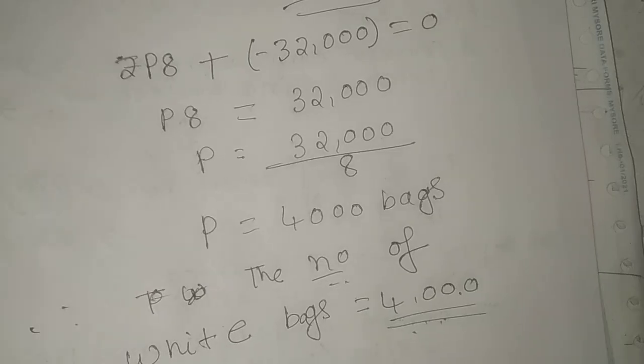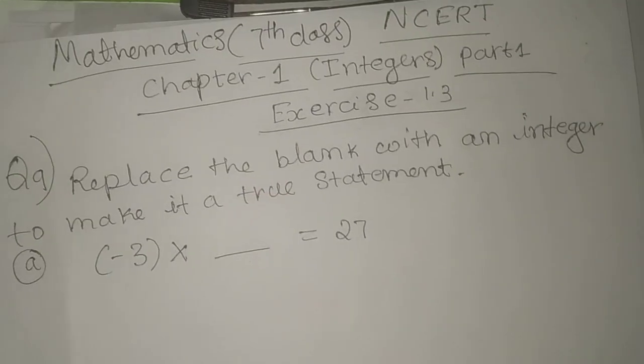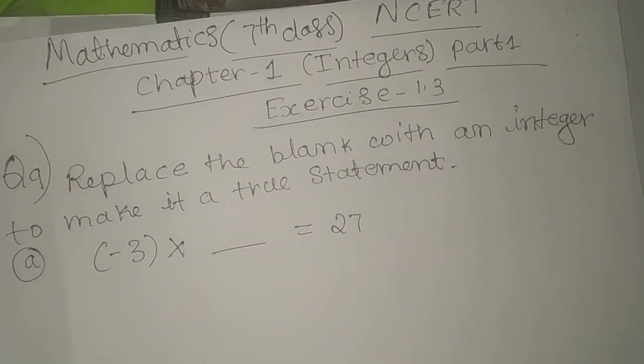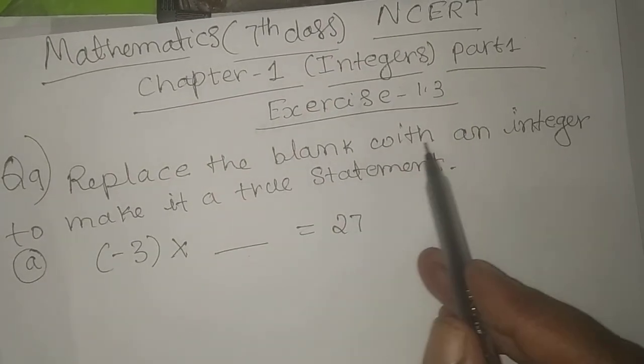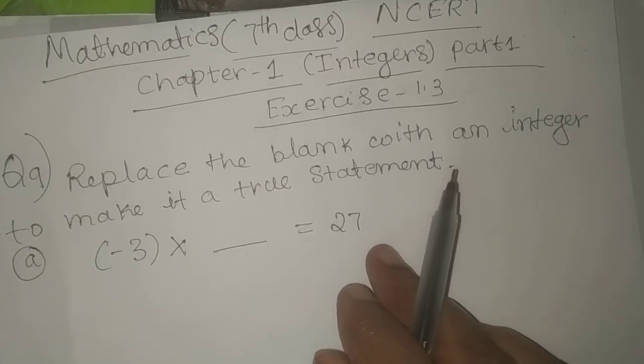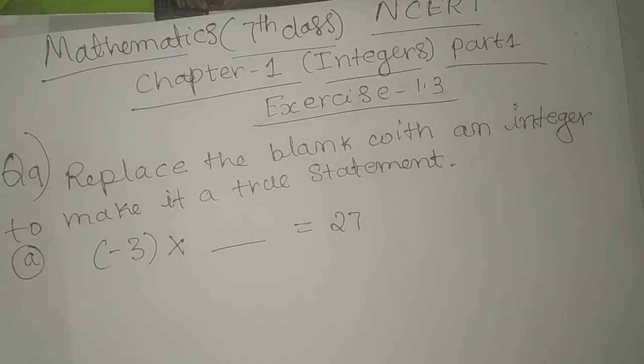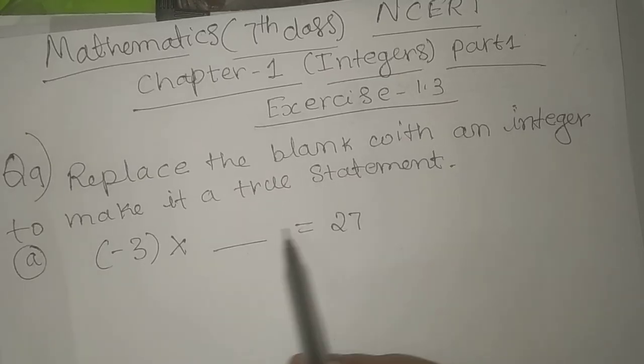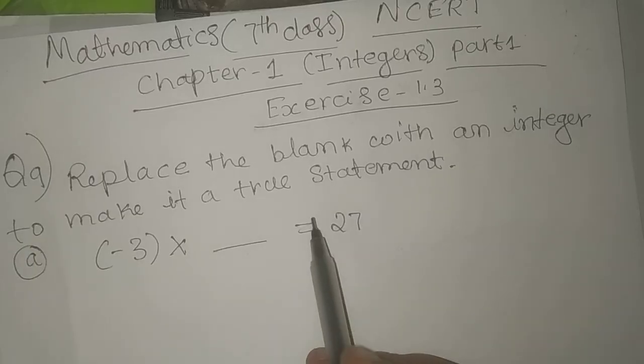Now we move to the next question, that is question number 9. Nine is replace the blank with an integer to make it a true statement. So minus blank, we have to find out to make it right.